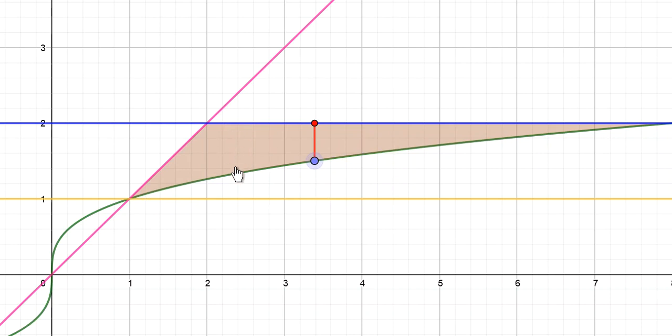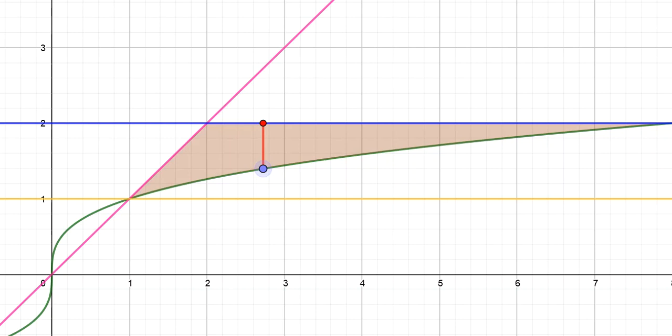Do we want to evaluate this region using vertical heights like this? Notice that the vertical height changes as we move through these x values, but then we run into an issue once we get to an x value that is less than 2. That issue is that the vertical height is now dependent on some other function rather than just y is equal to 2.